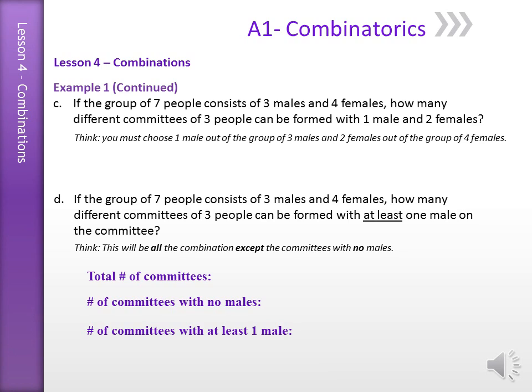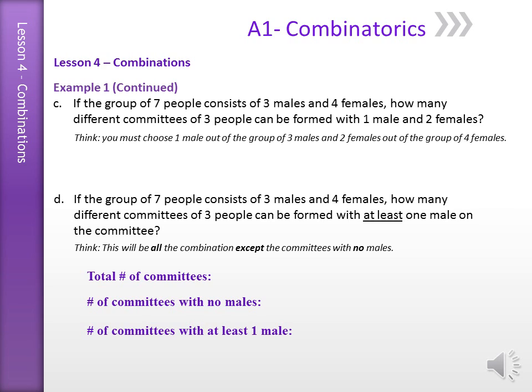Example 1c. If the group of 7 people consists of 3 males and 4 females, how many different committees of 3 people can be formed with 1 male and 2 females? We must choose 1 male out of the group of 3 males and 2 females out of the group of 4 females.